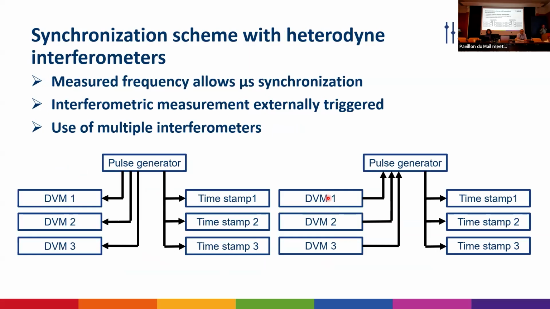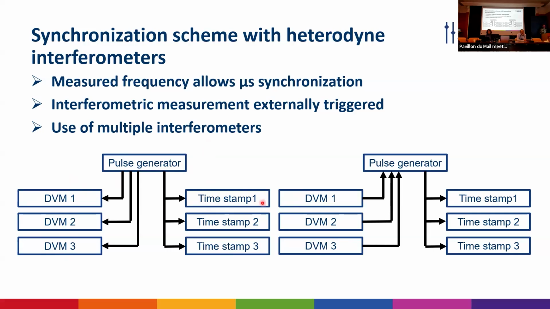Now a few words about the general scheme of synchronization with a heterodyne interferometer. As I told you previously, heterodyne interferometers can be externally triggered. So typically you are going to use one pulse generator, that can be made with an FPGA or with another kind of device, to trigger synchronously all your timestampers, all your TAs, and all your DVMs.